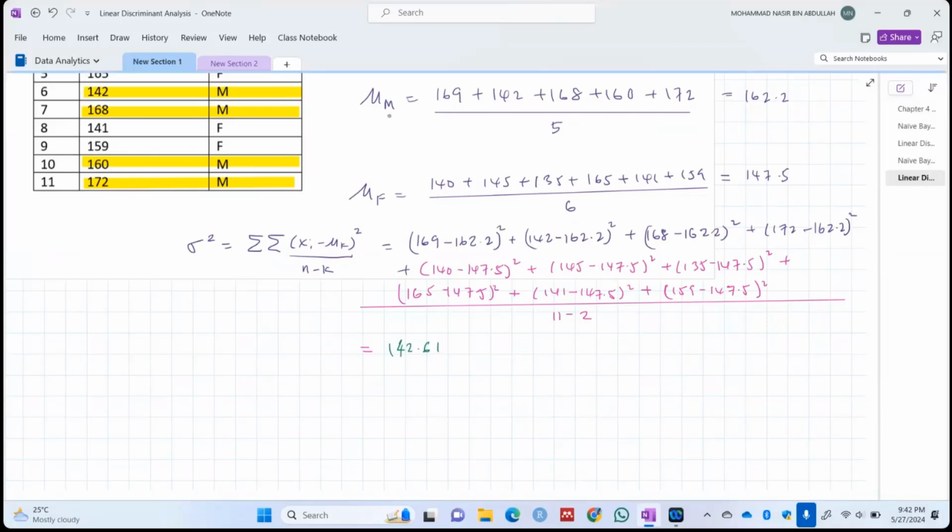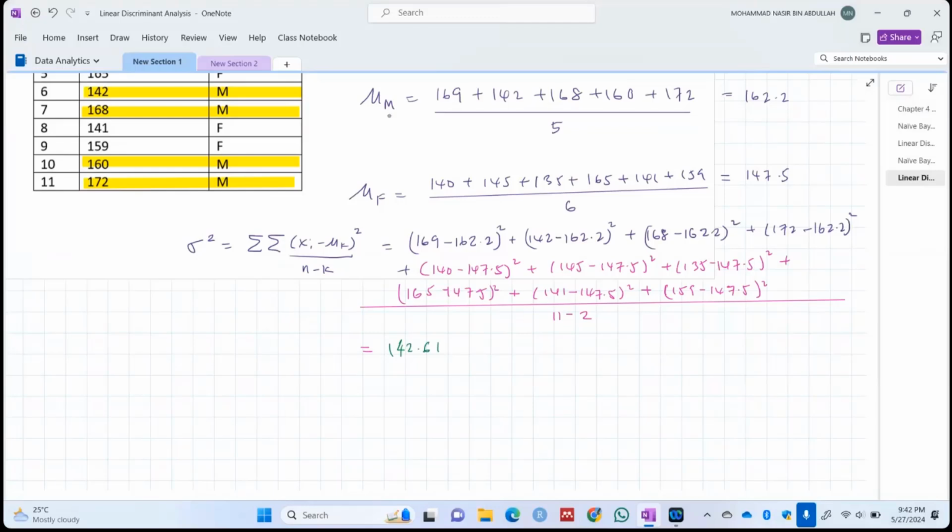Does everyone get the same? You got 142? You should get 143, right?